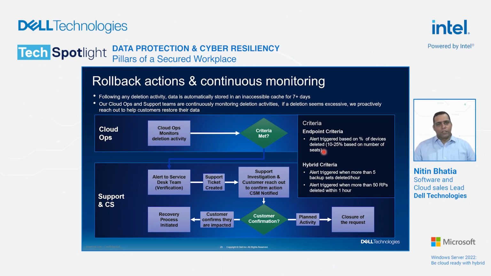So for 7 days, we keep your data so that you could do a rollback of your action in case there is any kind of mass deletion. This is being supported. There'll be a customer communication. It has to be coming from a valid email ID of yours, making sure that you've done a mass deletion. Only then Dell Technologies will remove the information when it is mass deleted. Otherwise, you have rollback actions available where you can roll back all the information at any given point of time.